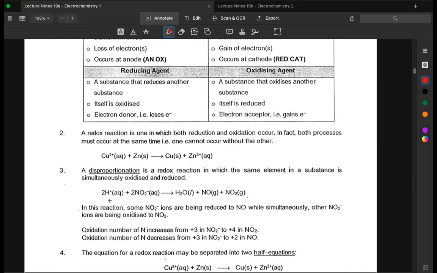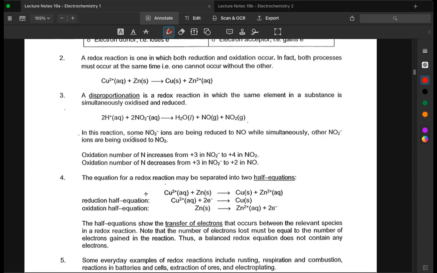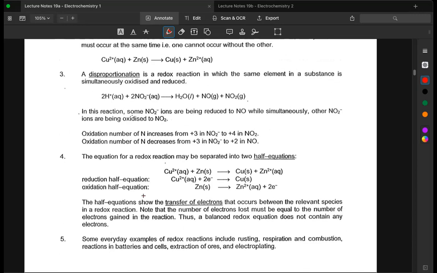different products. Okay, then we have learned how to construct half equations and how to write back the overall equation using the half equations. So half equations basically just show how the electrons are transferred between the relevant species and make sure that the number of electrons lost must be equal to the number of electrons gained.